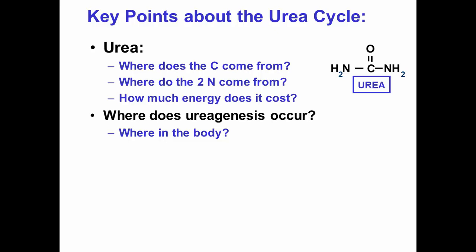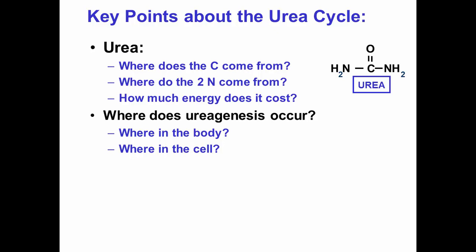So periportal hepatocytes, those cells right around the portal vein. So thinking about what's going on that we're talking about, hopefully that makes sense to you. We're in the fed state. They're going to be coming in, gangbusters from the portal vein, and those periportal hepatocytes are going to take them up and metabolize them.